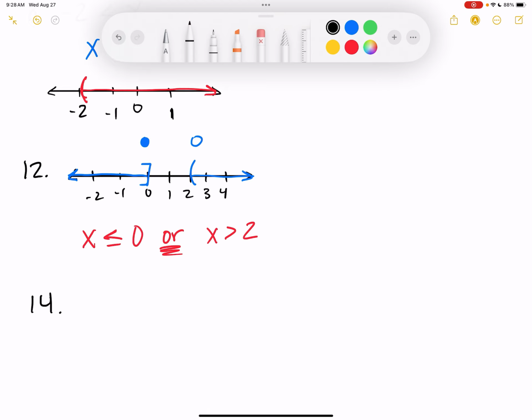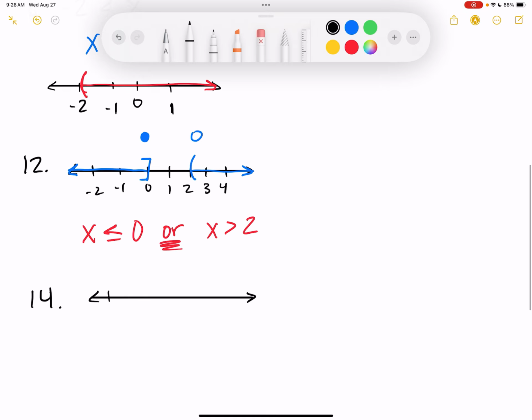Number 14, we have another number line. They count in increments of 3 from -6 to 12. They have an open circle, but for us, a parenthesis at -3 and a bracket at +9, and it's facing inward.